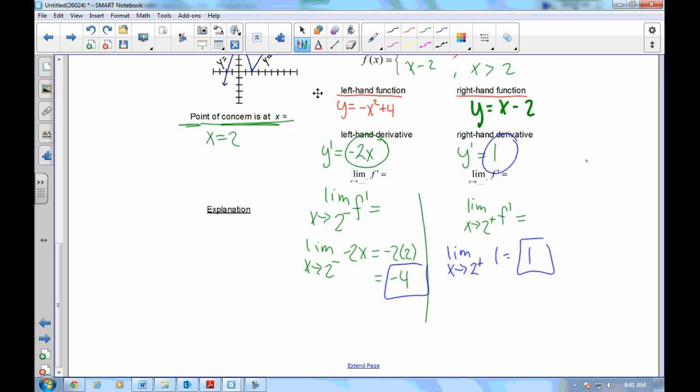It's not differentiable. Okay, so our explanation, we would say, since the limit as x approaches 2 from the left of f prime of x does not equal the limit as x approaches 2 from the right of f prime of x.